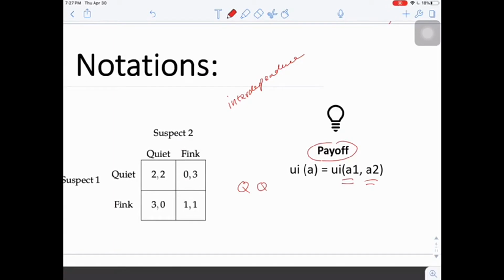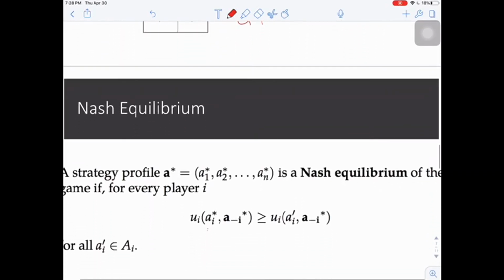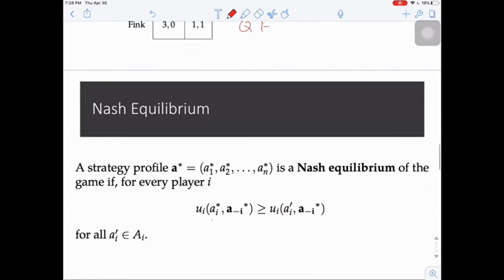So the payoff I get will be 2, 2. And if I choose to be quiet and player 2 chooses think, the payoff will then be 0, 3.